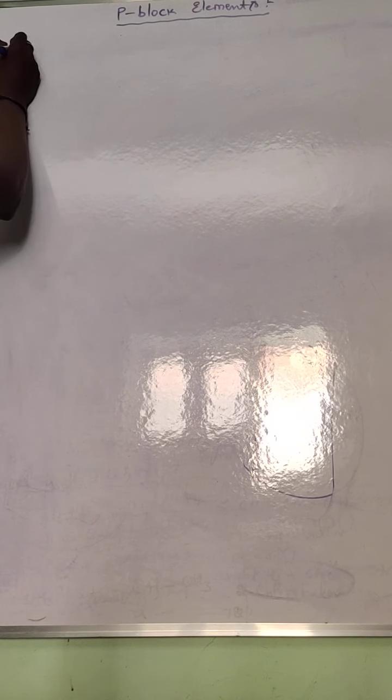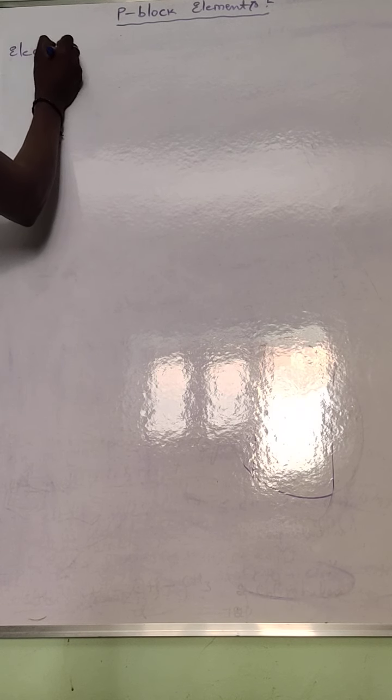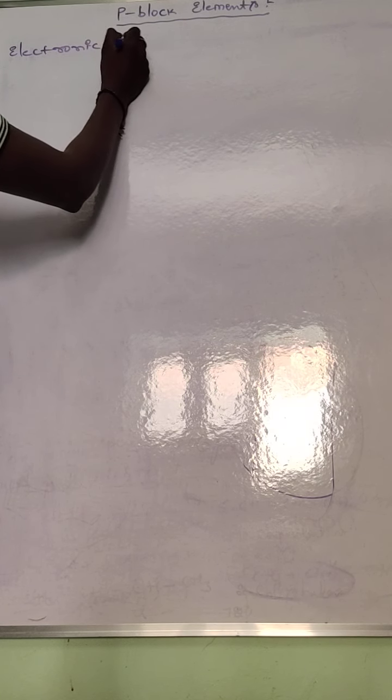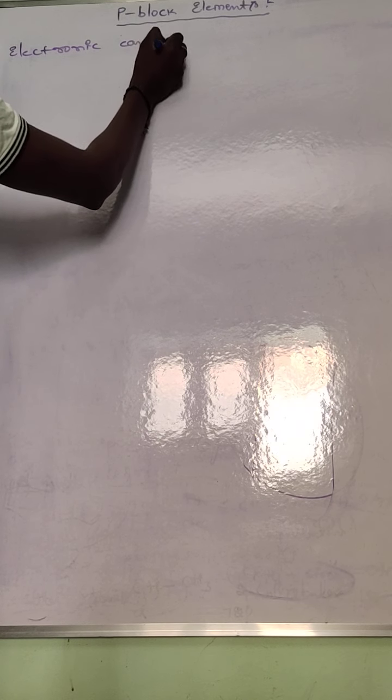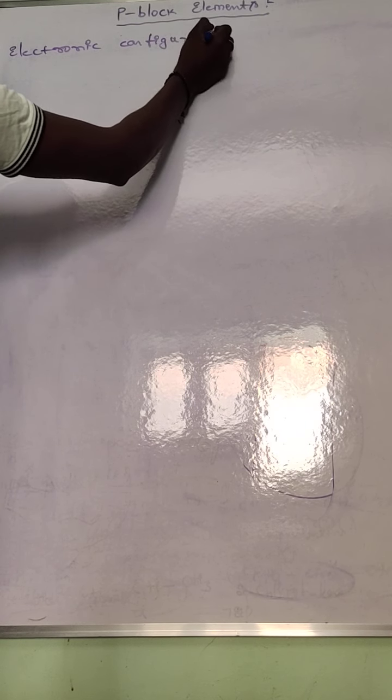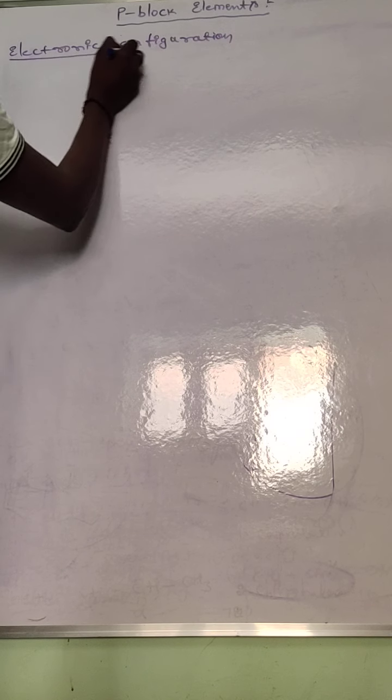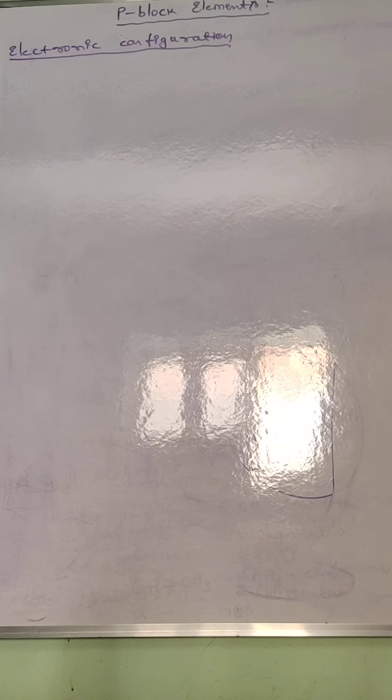The first one is electronic configuration. Now, how to write the electronic configuration, and what is the general outer electronic configuration? Then how to indicate the electronic configuration.